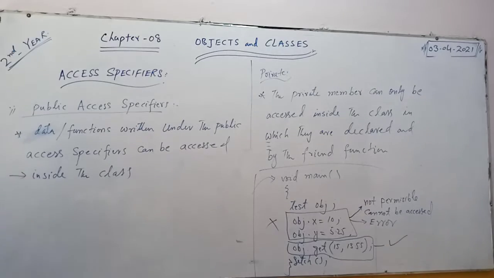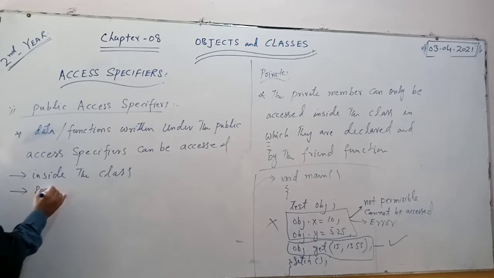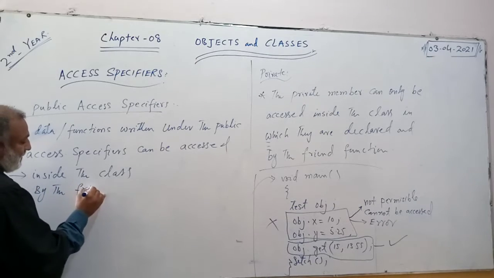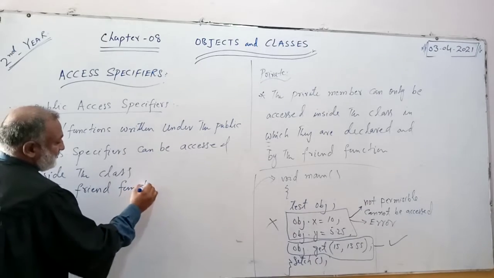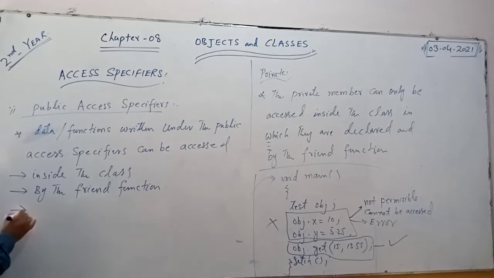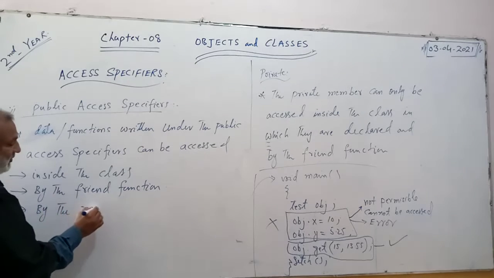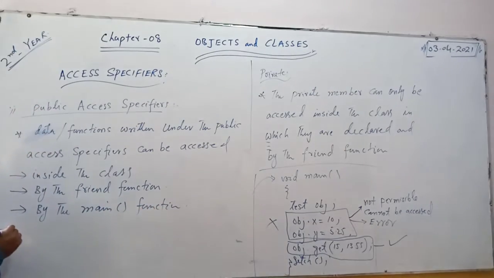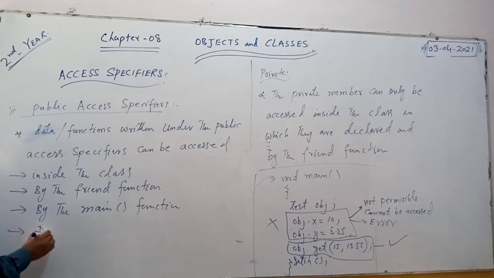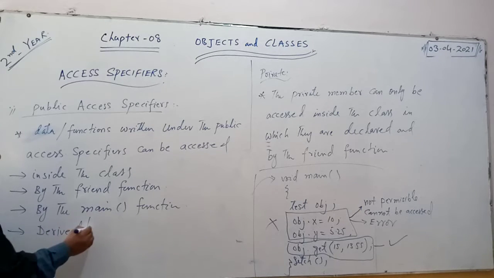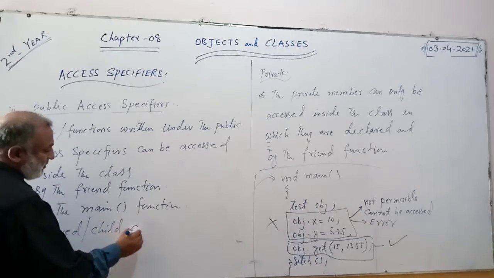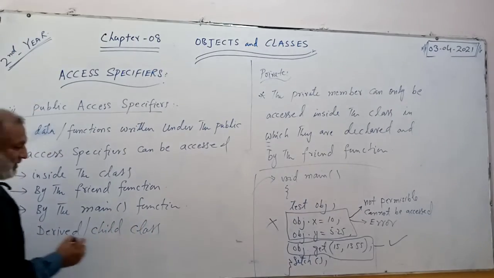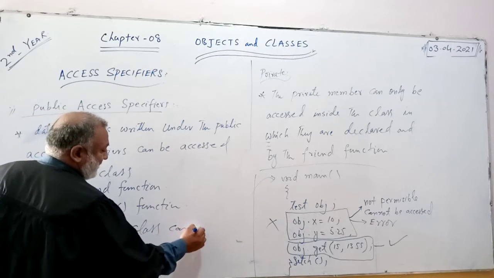They can be accessed inside the class, they can be accessed by the friend function, they can be accessed by the main function, and they can be accessed by the derived or child class also.